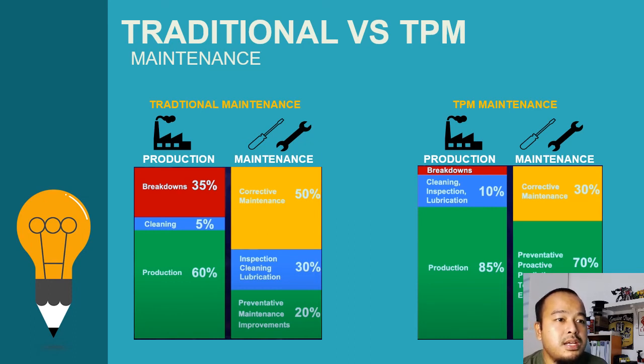And you can increase the production, compared to 60% earlier, production here is 80%, which means more efficient. In terms of maintenance, only 30% corrective maintenance, 70% is preventive, meaning it is done to prevent future breakdowns. Overall, this TPM can contribute to better OEE compared with traditional.